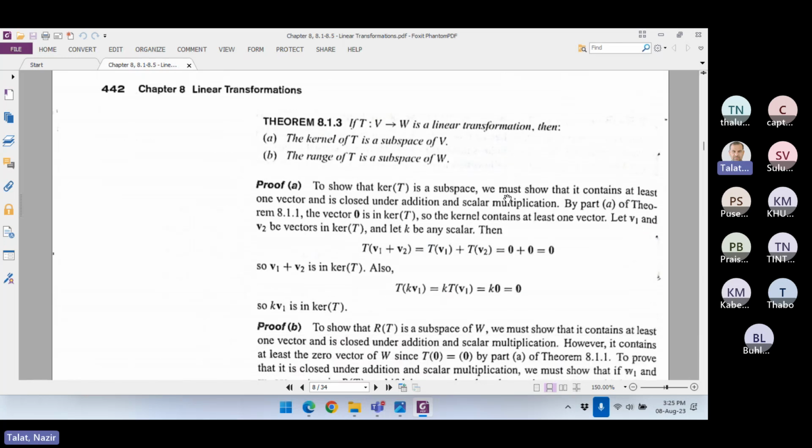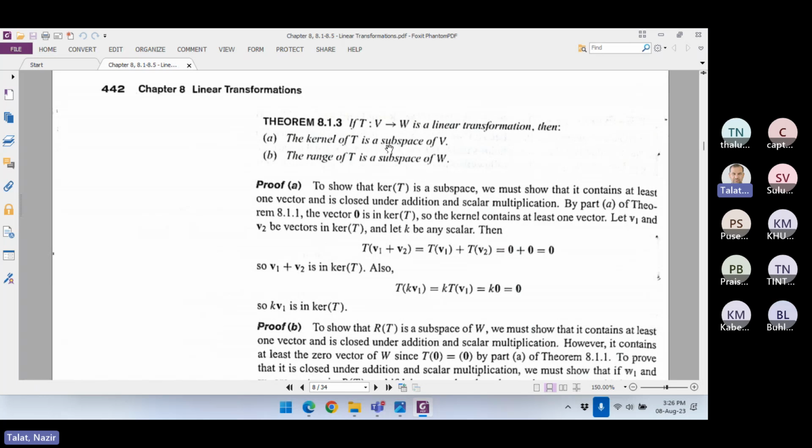Now, this is the most important result in that direction: if T is a linear transformation from vector space V to W, then the kernel of T is always a subspace of V, and the range of T is also a subspace of W. The kernel of T contains all those elements whose image is equal to zero.